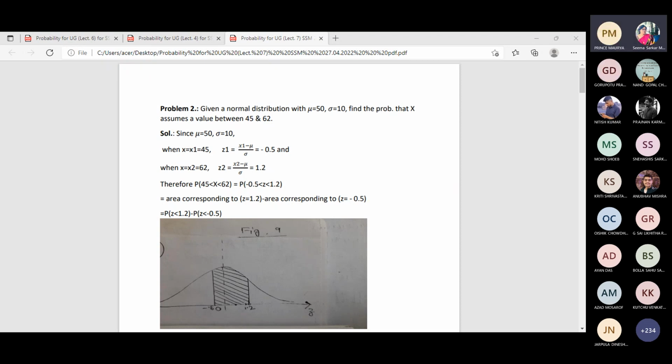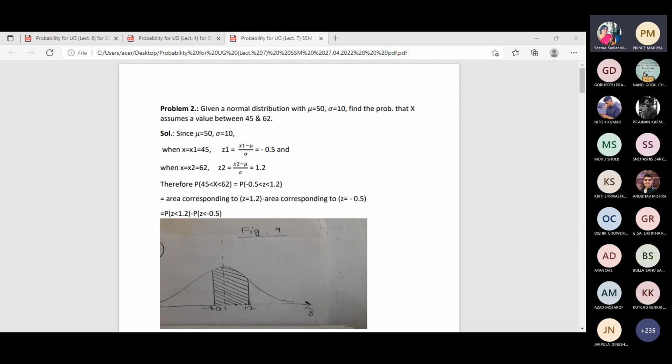Have you found that? Yes, ma'am. In your supplied table, the very first table, the A.3 table, in the last but one row, you can find in the third column and in the fourth column. In the third column, the area is 0.4522.